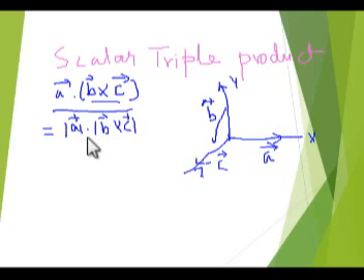Here there is zero angle between them, so it will be cos 0, which is 1.